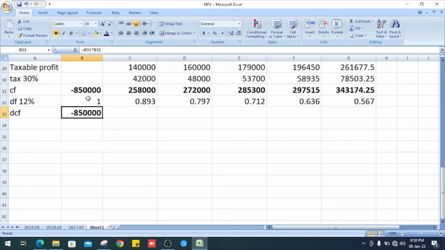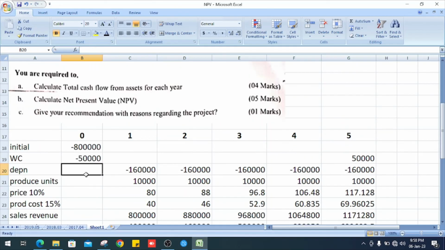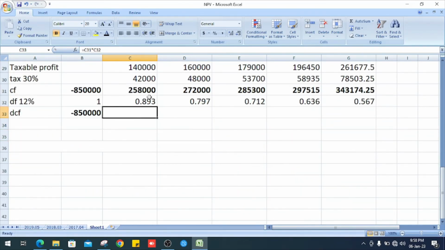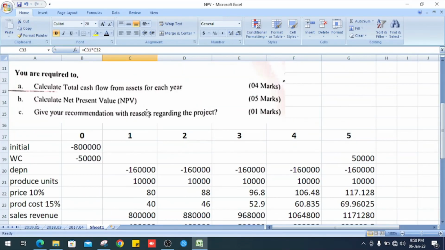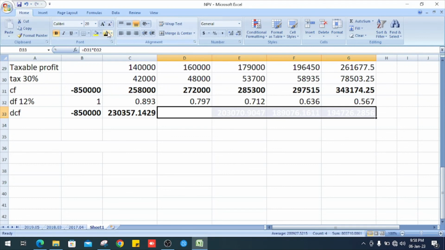The minus 850,000 into 1, it is minus 850,000. Likewise, in year 1, 258,000 into 0.893, it is 230,357.14. Like that, we calculate the others.